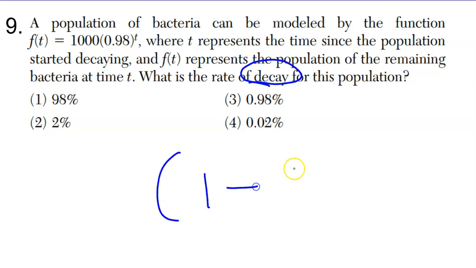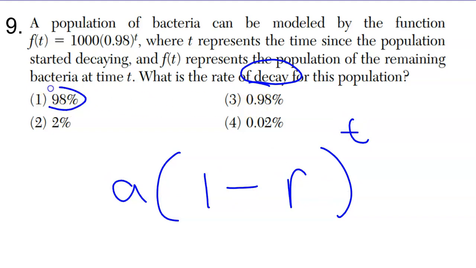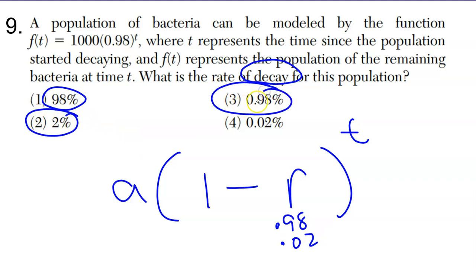Don't forget, it had to have started as something like this. So if you're decaying 98%, you are subtracting 0.98. If you're decaying 2%, you're subtracting 0.02. If you're decaying 0.98%, you're subtracting 0.0098.